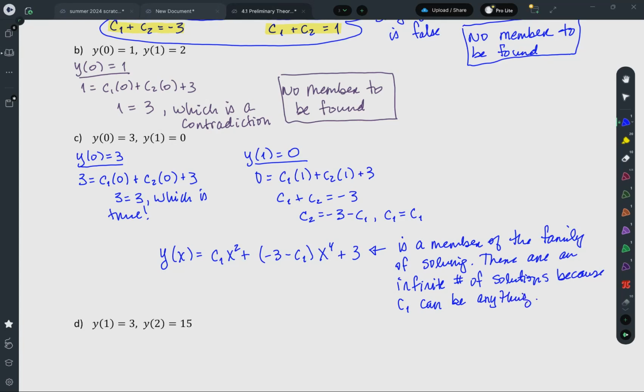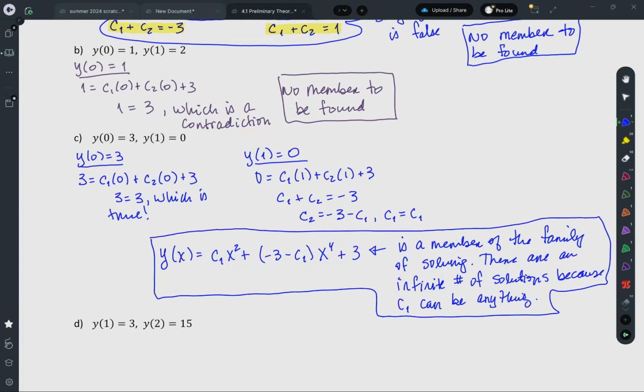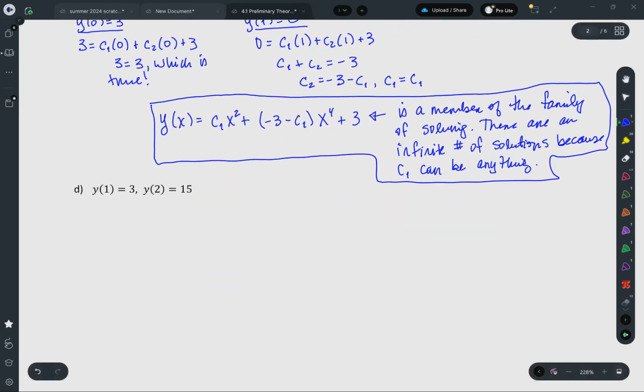Okay. All right, so now we know what it looks like for there to be no member, and we know what it looks like for there to be an infinite number of members that are part of the family of solutions. Let's see what part D gives us.